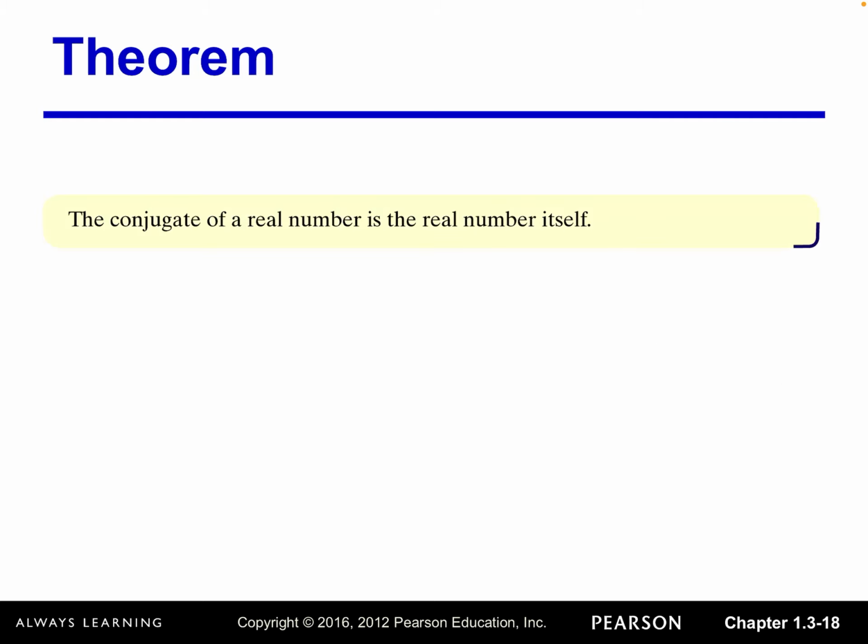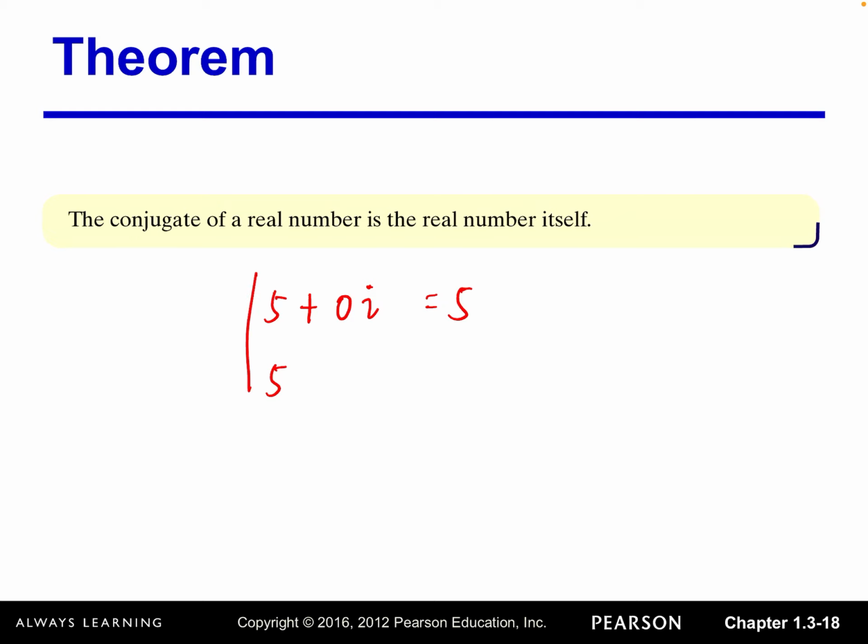Another theorem says the conjugate of a real number is the real number itself. That makes sense, right? Because for the conjugate of a complex number, the real part must remain the same, and the imaginary part takes the opposite sign. So for example, if we have 5 plus 0i, if we write it as a complex number, that's actually a real number, 5.